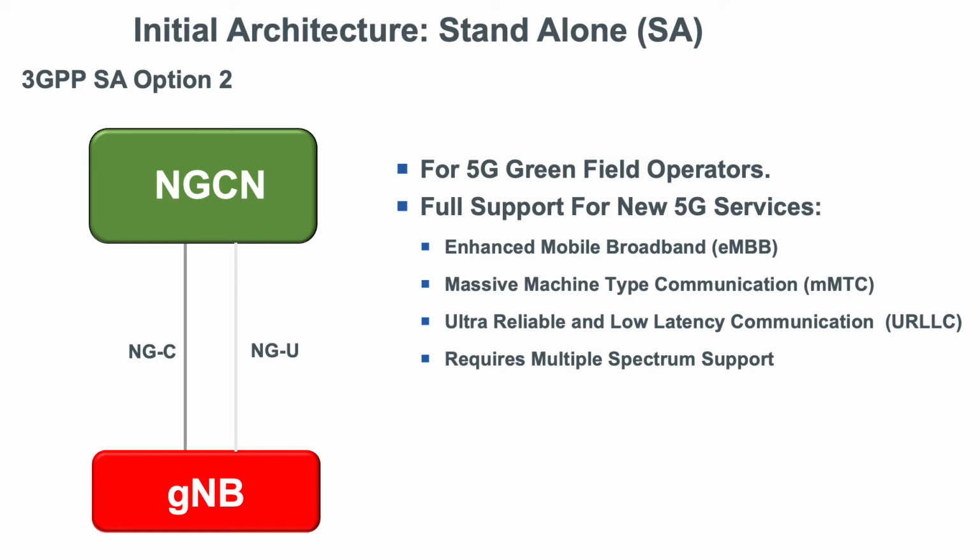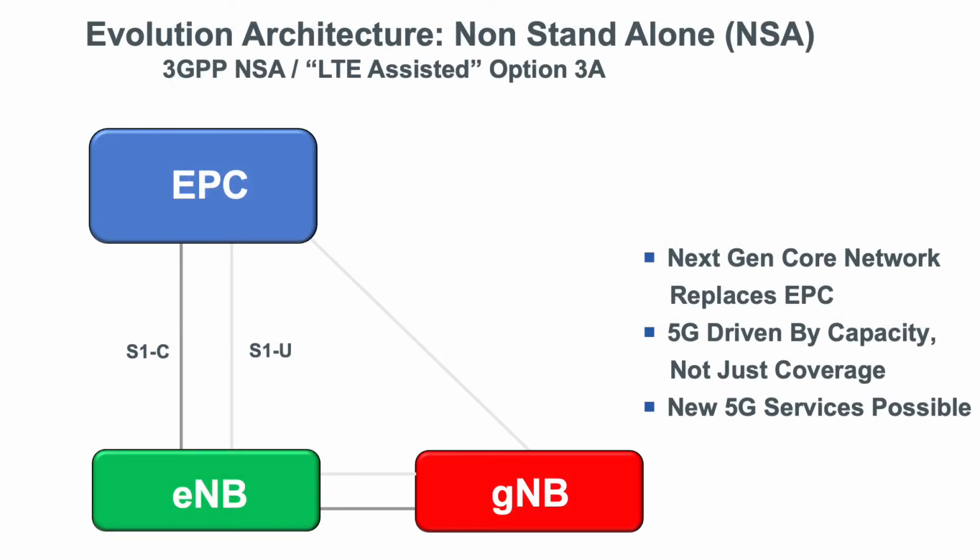But of course, to give us complete coverage, the gNB will have to support a wide spectrum for short range, high capacity throughput, as well as long reach. So different spectrums for different applications.